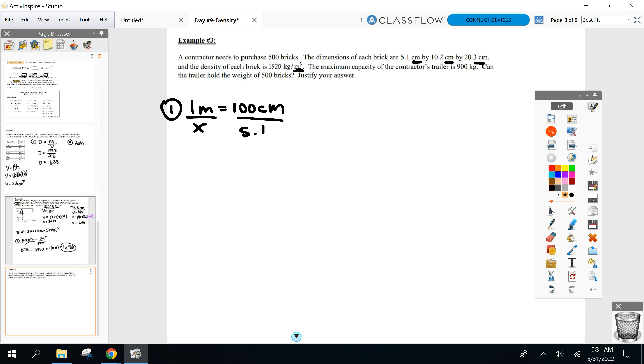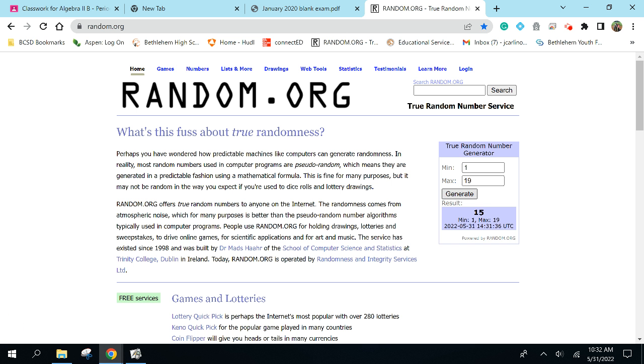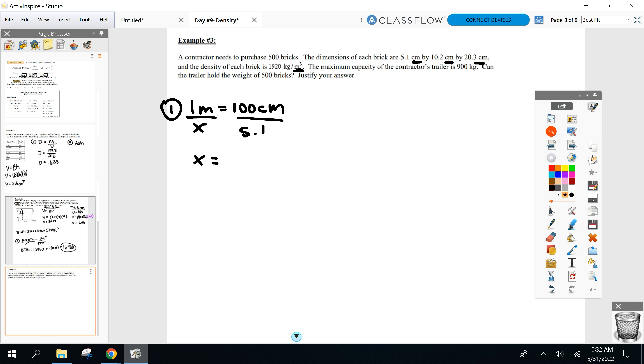And then you'll figure out what the pattern is, and maybe you don't have to set up a couple more proportions. 5.1 centimeters is equal to how many meters? You're cross multiplying, right? Ellie, you got a 100x equals 5.1, and then divide both sides by 100. So you should be doing 5.1 divided by 100 to solve for x. 0.051 meters. There you go. There's my 1.